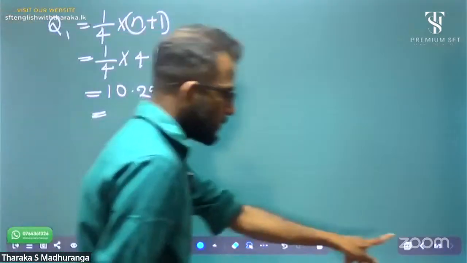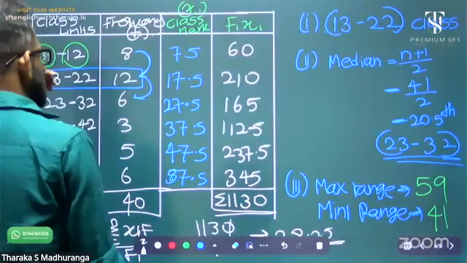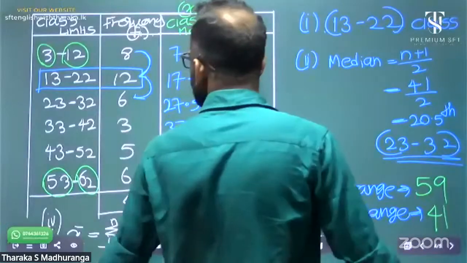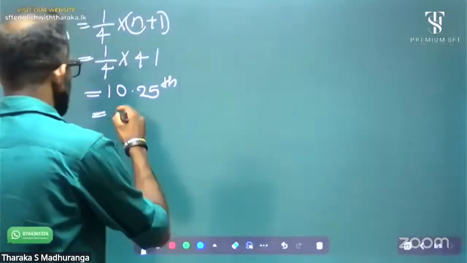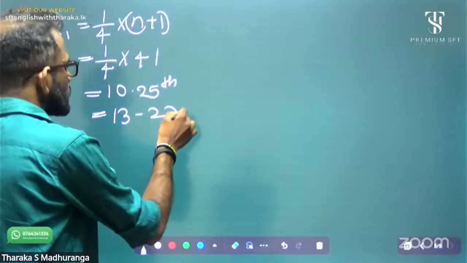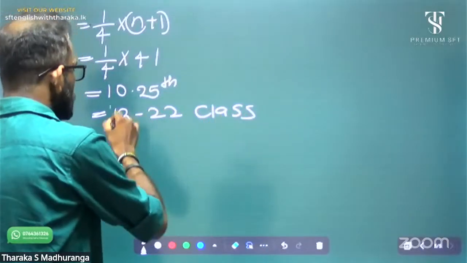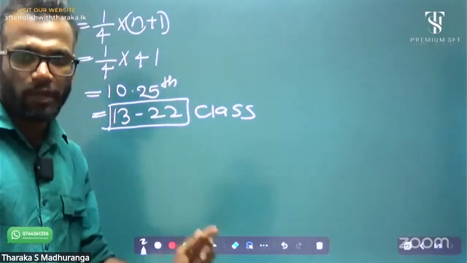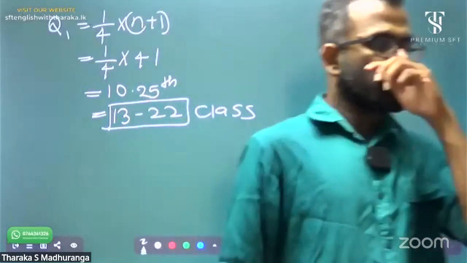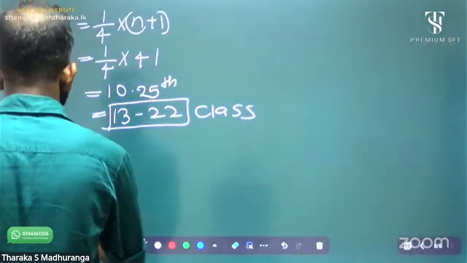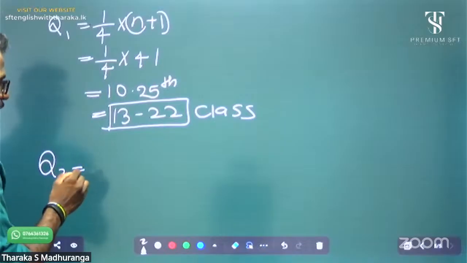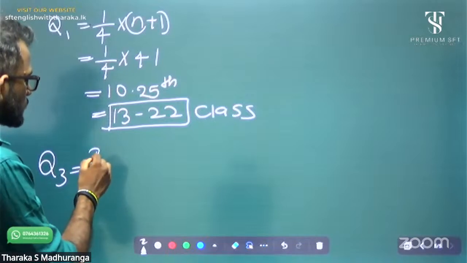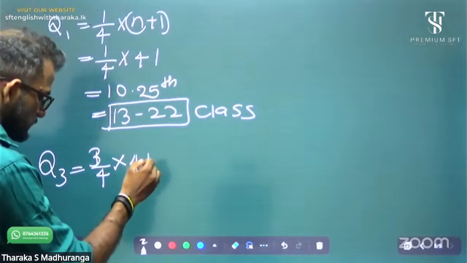It is in the second class, the 13 to 22 class. We can't get the actual value. If you want actual quartile values, we have to use cumulative frequency curves, which we can discuss next day. Q3 equals 3 over 4 of 41.